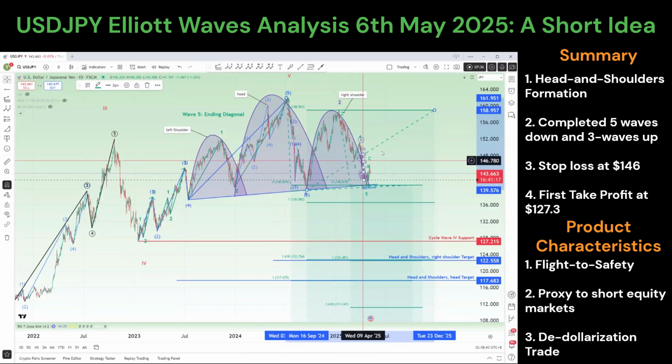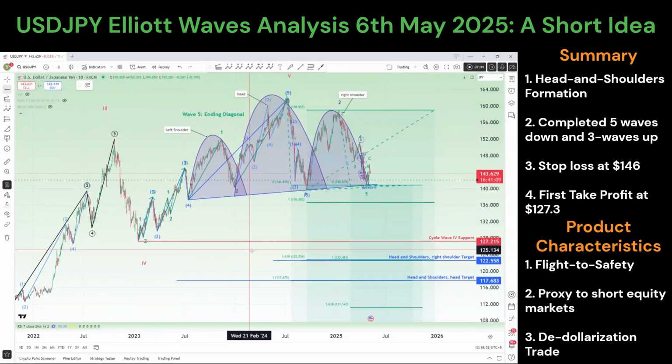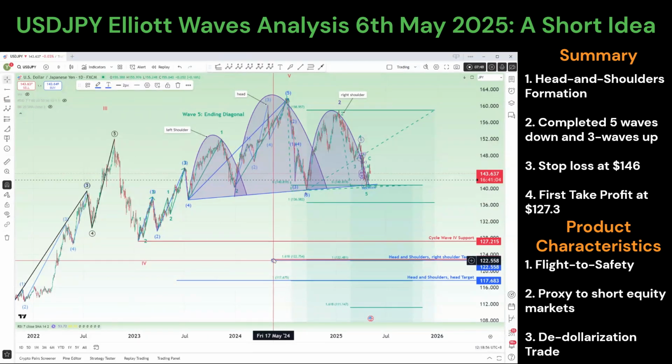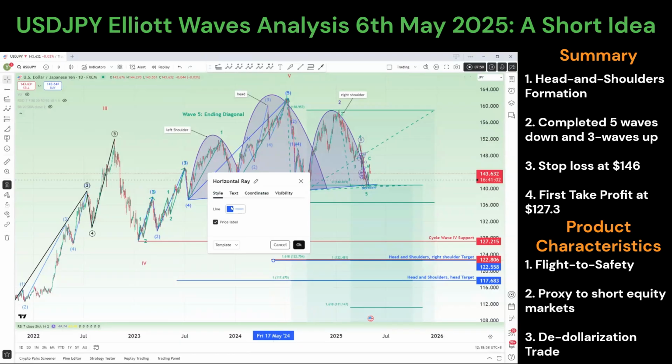But before that, take a look at this and you see that 1.618 actually is very near to the head and shoulders right shoulder target. So we will put in this, and maybe we will change to a different color, like a green color.